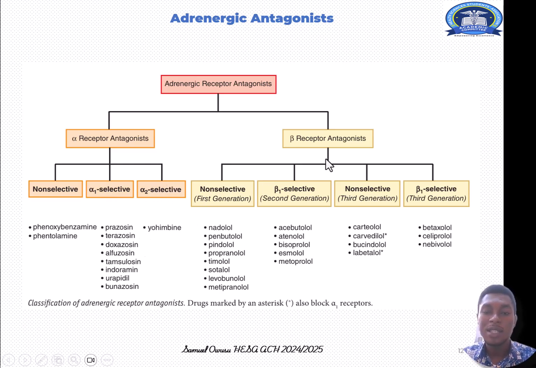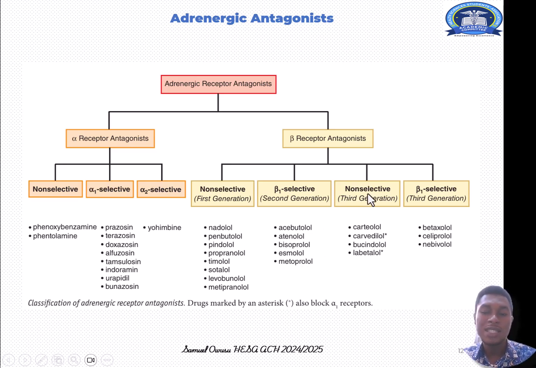Then we come to the beta antagonists. We have the non-selective ones: nadolol, penbutolol, pindolol, propranolol, timolol, sotalol. Remember, I said these start from N to Z. These are first generation. Then we have the beta 1 selective, second generation, so A to M: acebutolol, atenolol, bisoprolol, esmolol, metoprolol.